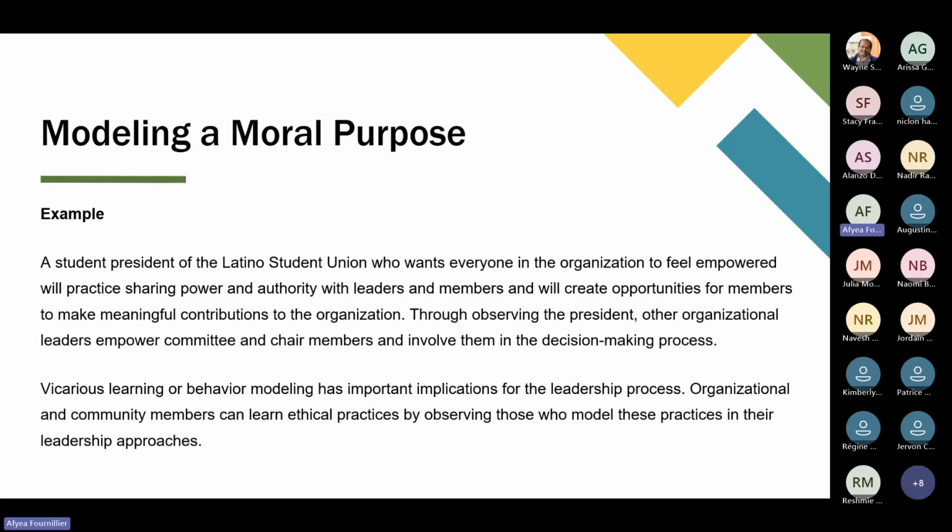Through observing the president, other organizational leaders empower committee and chair members and involve them in the decision-making process. Vicarious learning or behavior modeling has important implications for the leadership process. Organizational and community members can learn ethical practices by observing those who model these practices in their leadership approaches.